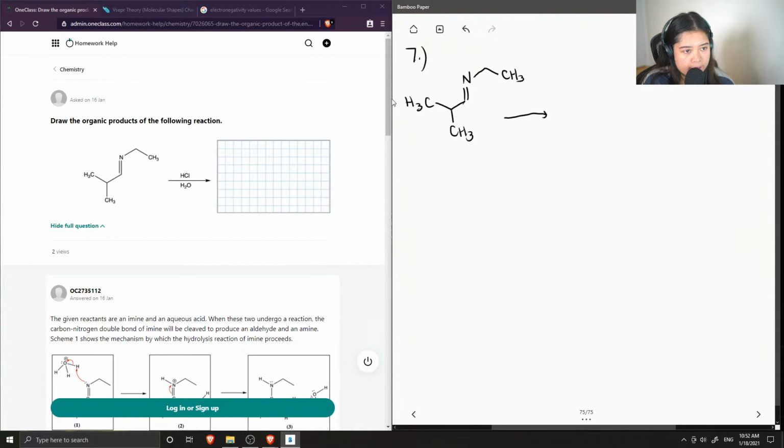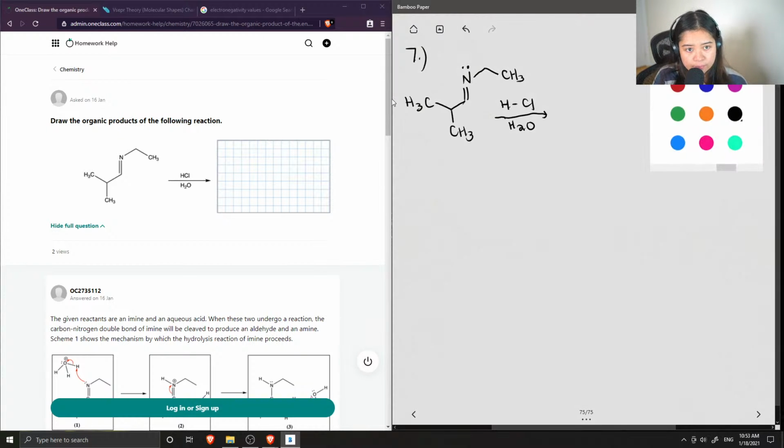And it reacts in acidic media, HCl, and water. Okay, so when we have this imine in acidic media, the reaction is called an imine hydrolysis.